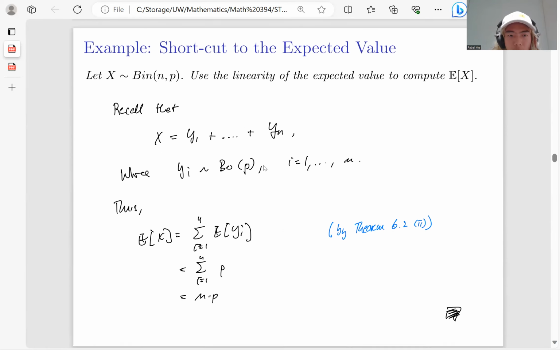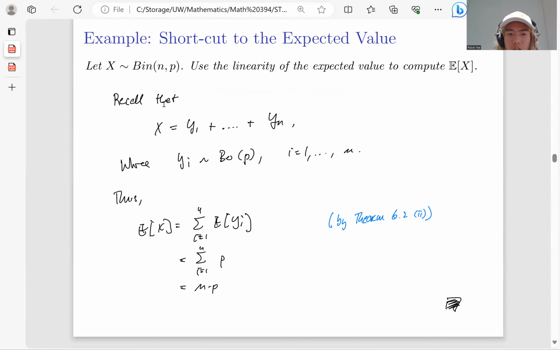So in this part, we know the binomial distribution is a summation of Bernoulli distributions.